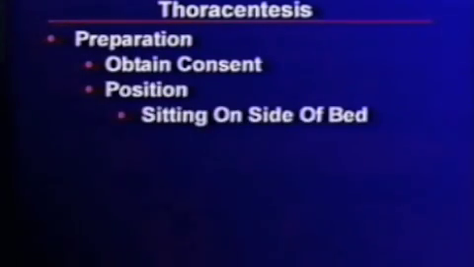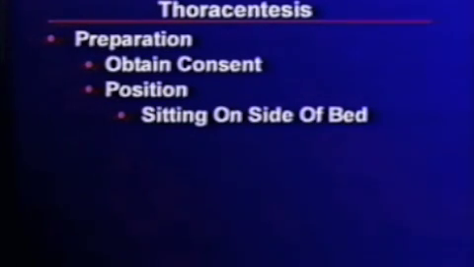The patient is positioned for a thoracentesis usually sitting up at the side of the bed, usually over a bedstand with their feet on the floor. As in any centesis, whenever you're removing fluid from a body cavity, and by the way, this also goes along with catheterizations, it doesn't make any difference. You're not going to draw off 2,000 or 3,000 cc's of fluid at one time because it could cause a fluid shift.